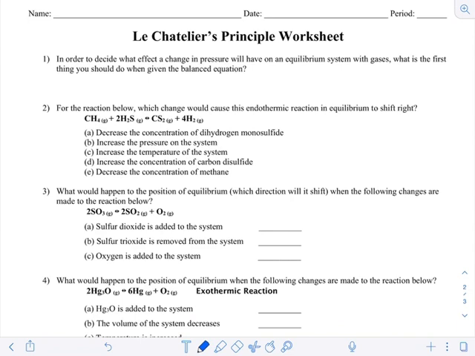Okay, now we're going to move on to Le Chatelier. So you're going to do a lab where you're looking at Le Chatelier. And I don't know if you remember from the notes that I talked about Le Chatelier, it's a stressor. And the stressor usually causes the direction to go in the opposite path of that stress.